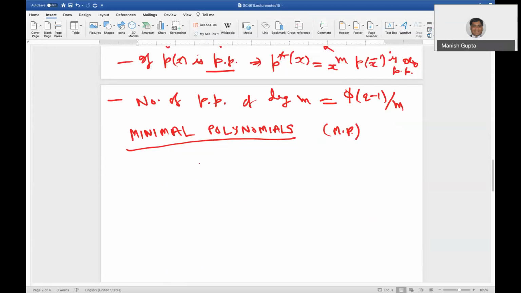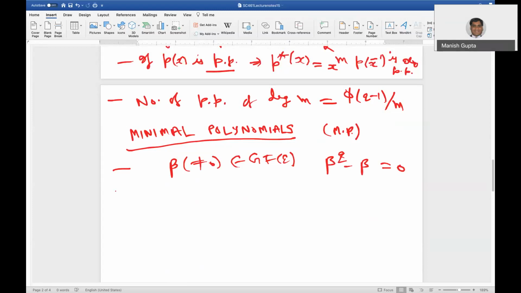Now we know that if we take beta to be a non-zero element of GF(q), then beta raised to the power q minus beta is 0, right? Every element satisfies this.